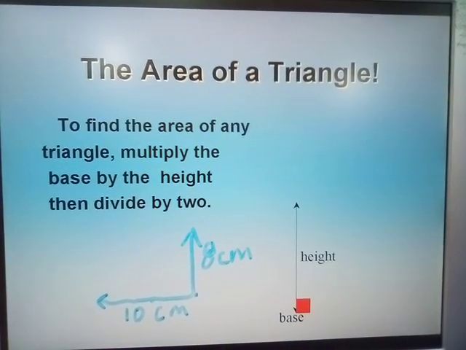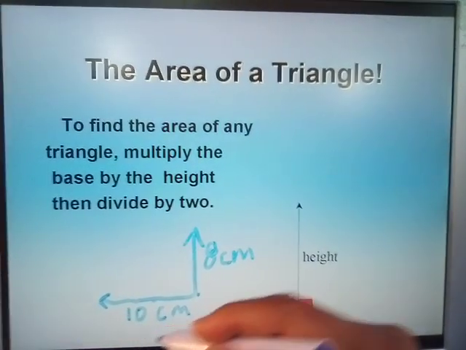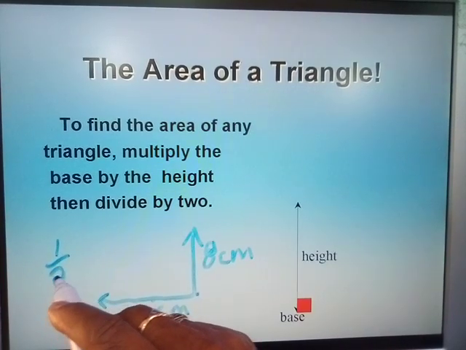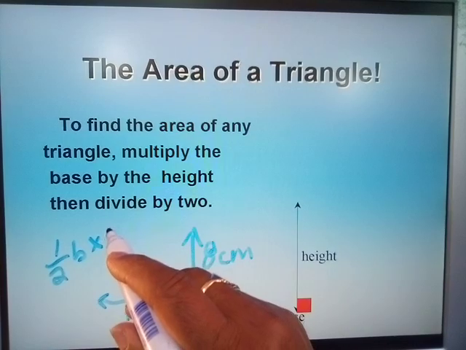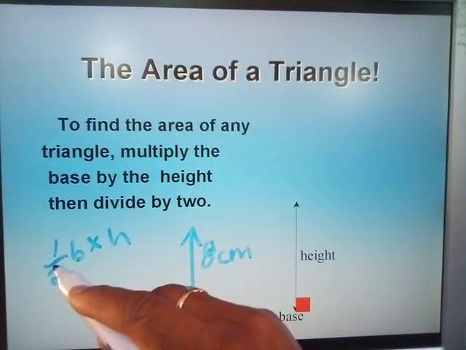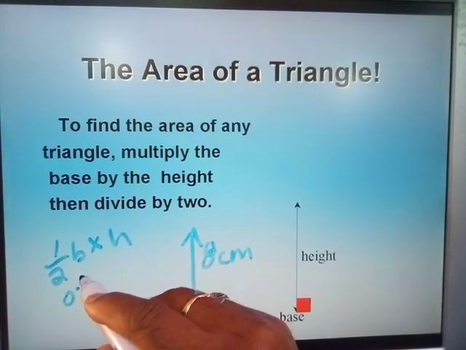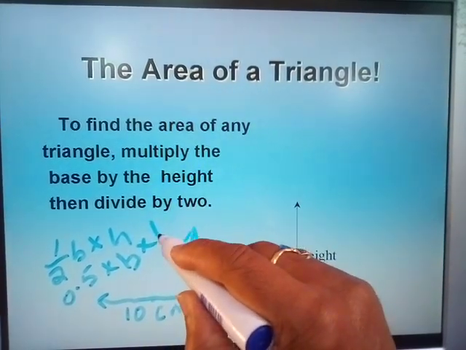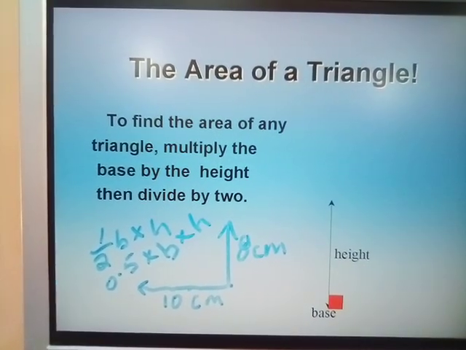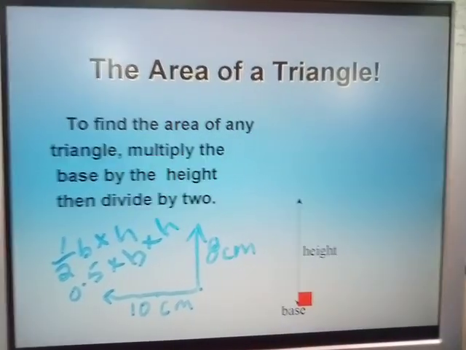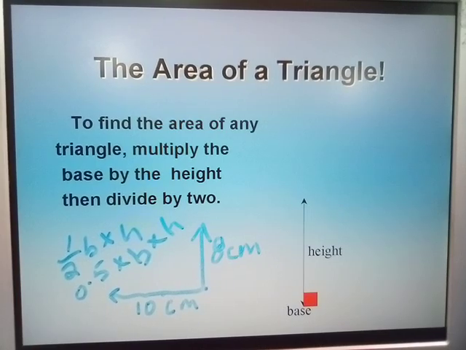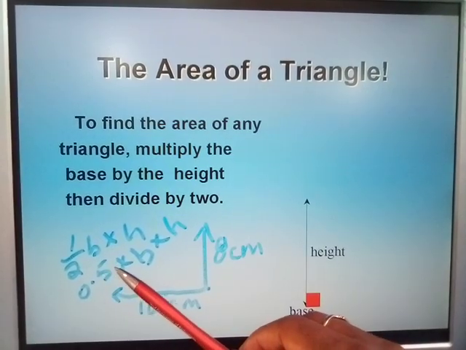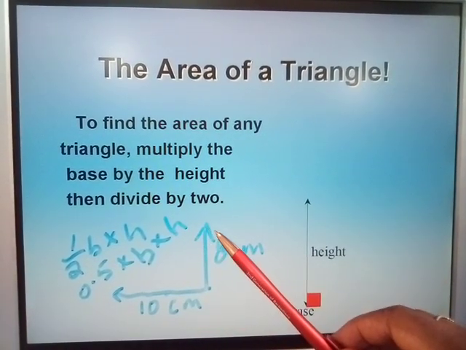Okay, now what it would mean that I could then take this here and find the area of this by half base times the height. Okay, so this would simply be 0.5 times base times height. So in short I would then take half of that, which would be 5, times it by 0.5 and times it by the 8.